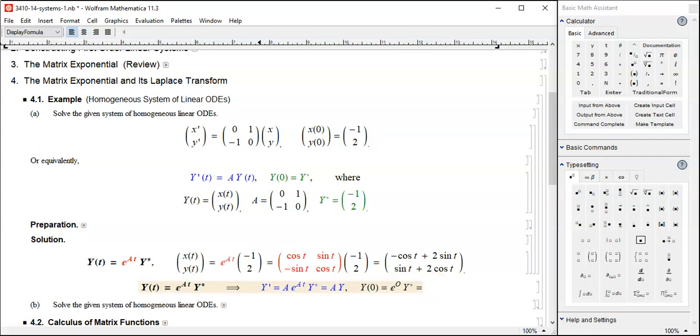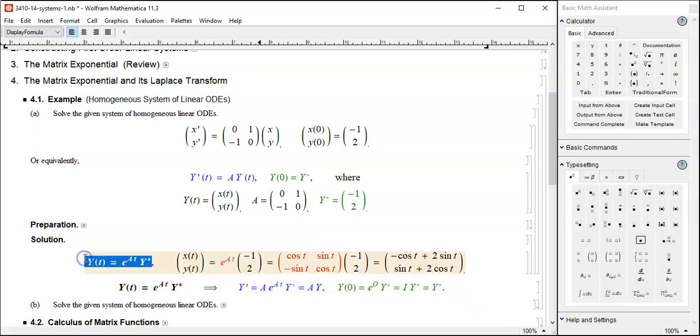E to the 0 power is the identity matrix, so this is y star. So we got the initial condition as well. So the green part corresponds to the IC, and the blue part is the ODE part. Make sense? So this is valid.